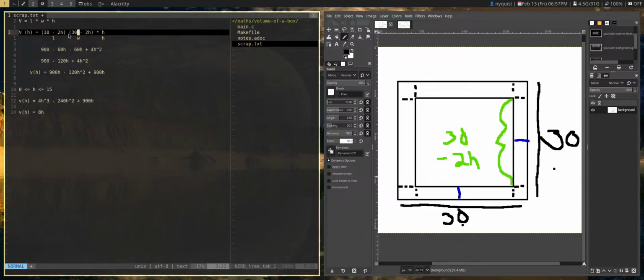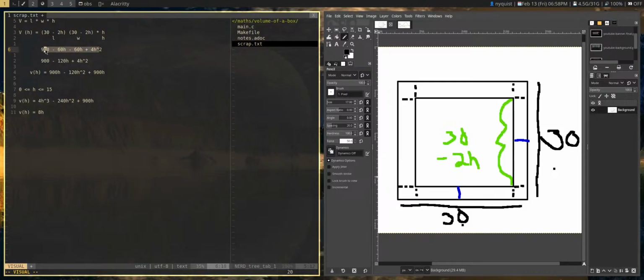30 times 30 times h gives us negative 60h, and 30 times 30 is 900. Negative 2h times 30 is negative 60h. Then we do 30 times negative 2h times this.